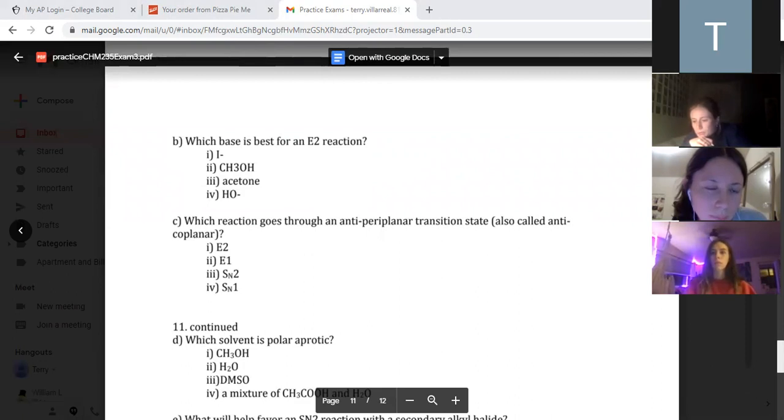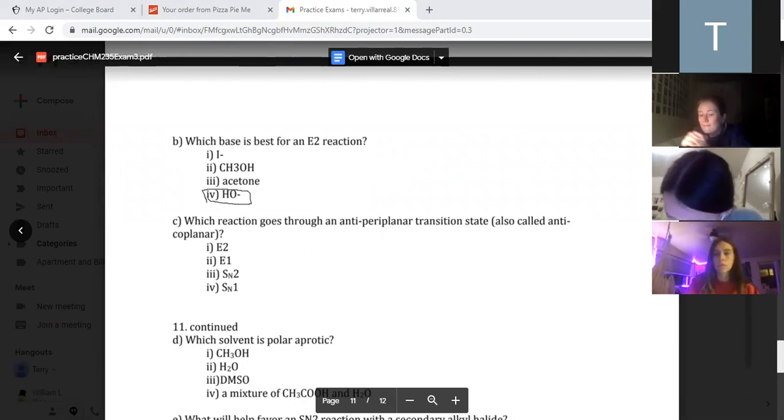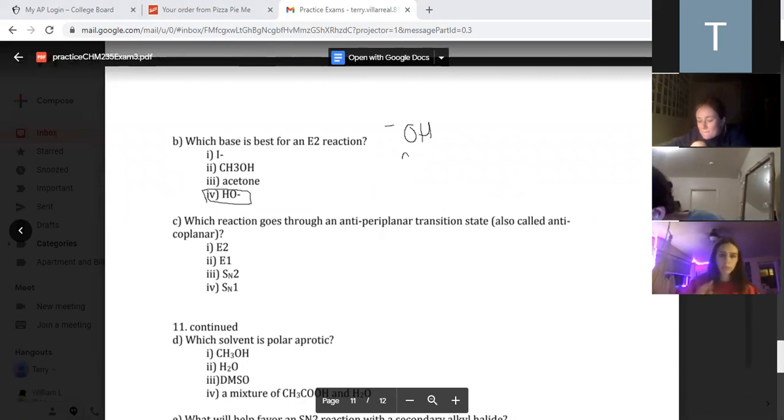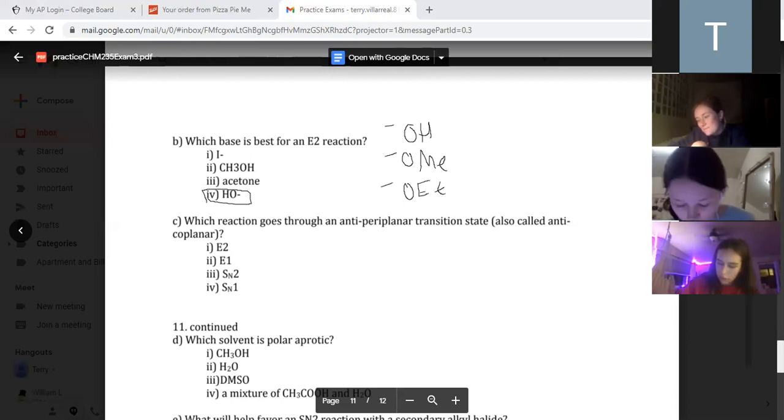Remember, as we talked about earlier, OH minus, OMe minus, OEt minus. These are all reagents that are both strong nucleophiles and strong bases. You guys need to commit these three to your memory.